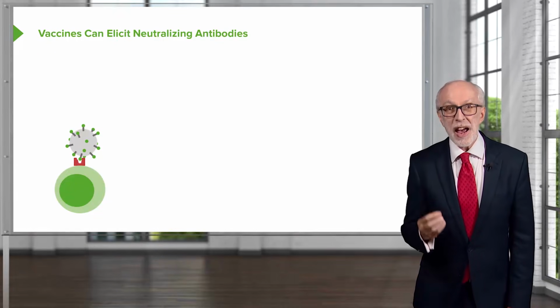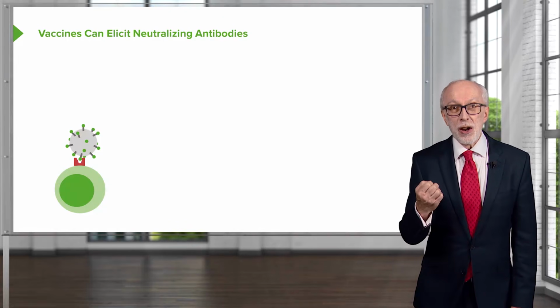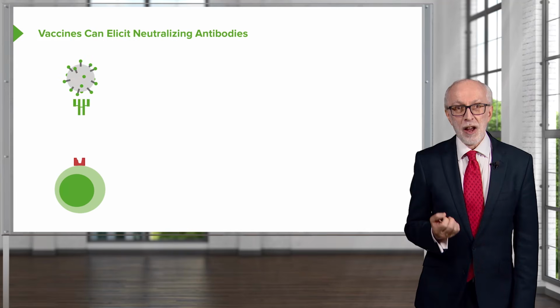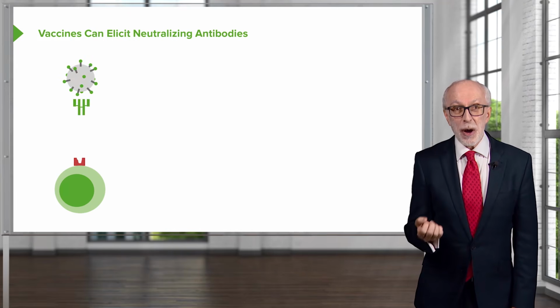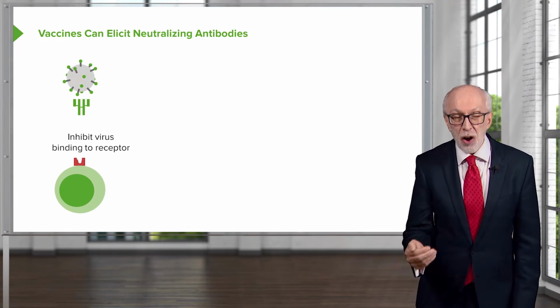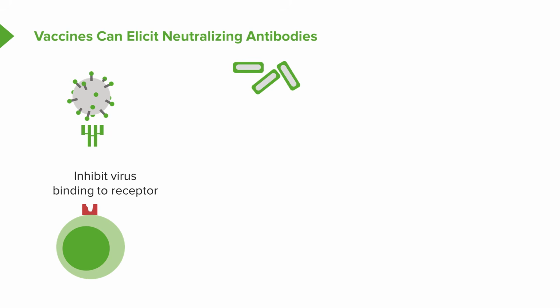With regard to active immunization, vaccines can induce neutralizing antibodies. Viruses need to bind to cell surface receptors on cells in order to infect cells. Antibodies can block the binding of viruses to their cell surface receptors. Bacteria can produce toxins.